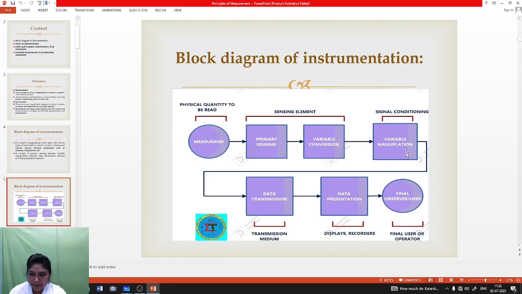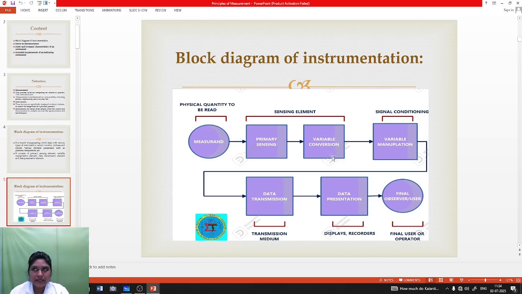So the variable manipulation element manipulates the signal while preserving the original nature of the signal. For example, if we want to amplify the signal, we want the magnitude of the input to be increased, so we use an amplifier to amplify the magnitude of the input while retaining the original nature of the signal.